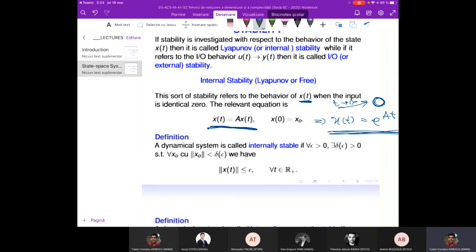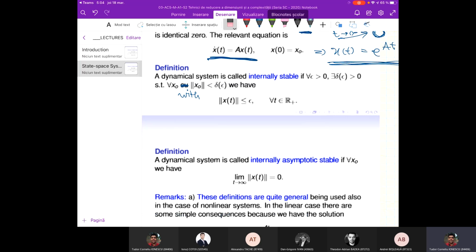A dynamical system is called internally stable if for any positive small epsilon, there exists a delta depending on this epsilon such that the behavior, the time evolution at any moment of time, is restricted by this epsilon. So this is the general, the epsilon definition of the stability.